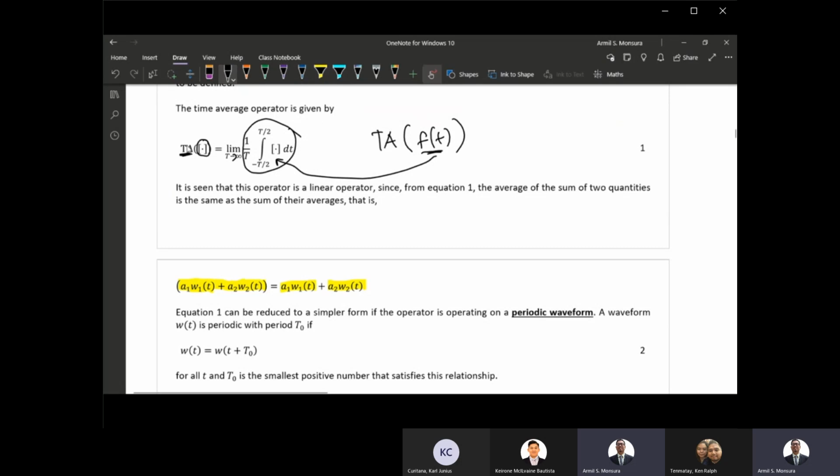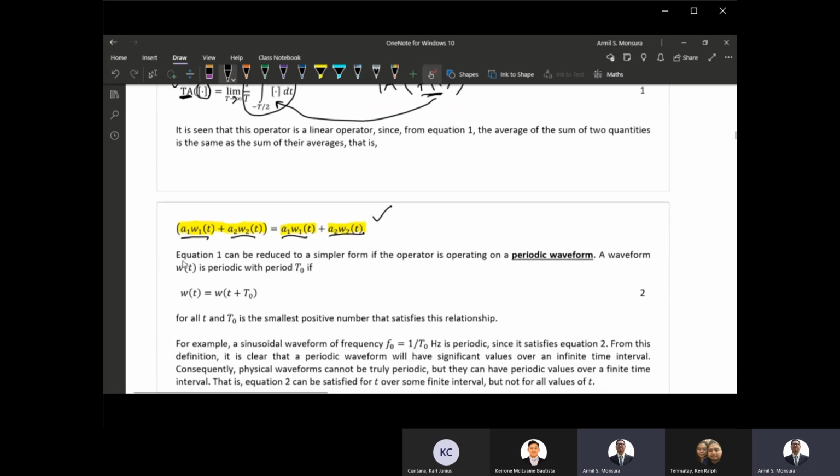Since this operation is linear, this would be the result kapag naghahanap tayo ng time average ng dalawang waveforms na yun. So we simply add their time averages. Anyway, the linearity of the time average operator is an implication from the integral operation.